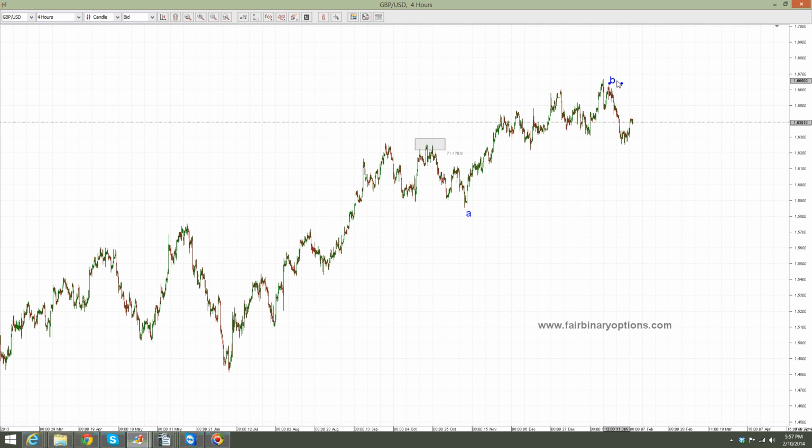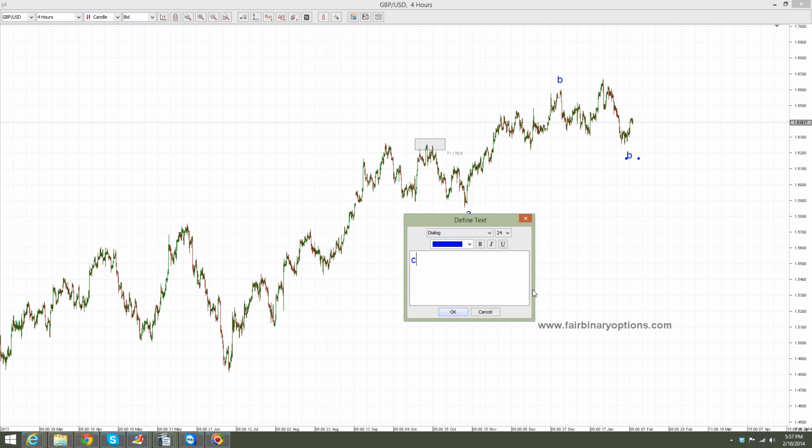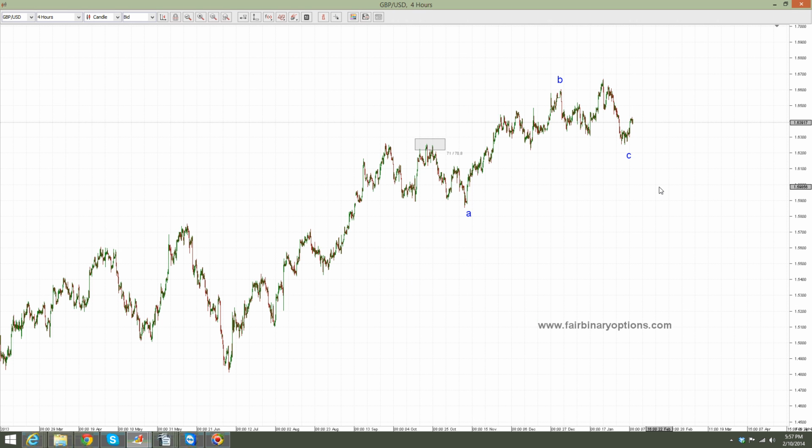A C wave to the downside. So A, B, C now. And there is, of course, the need for another D and E wave.